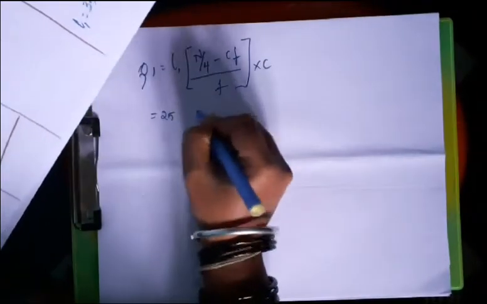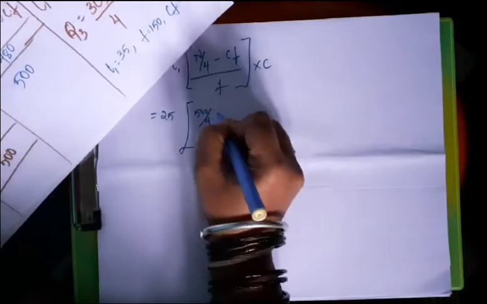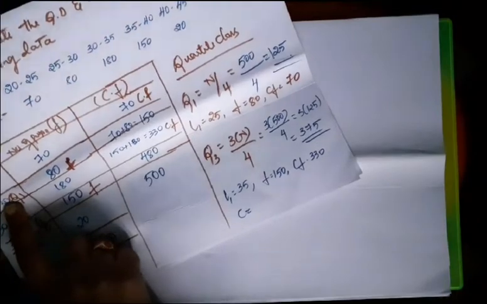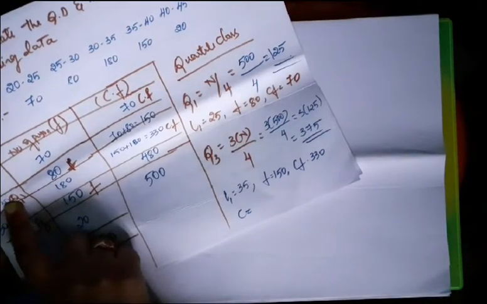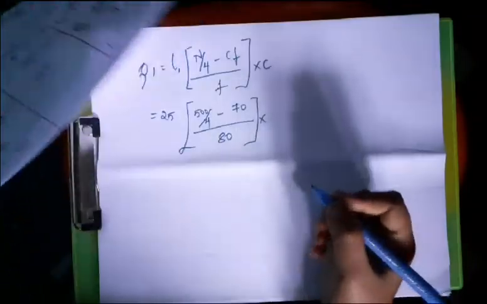Here n is 500 by 4, cumulative frequency is 70, divided by 80, into C. C is the class difference between these, 25 minus 30. The difference between these two terms is 5, so that is our class interval.